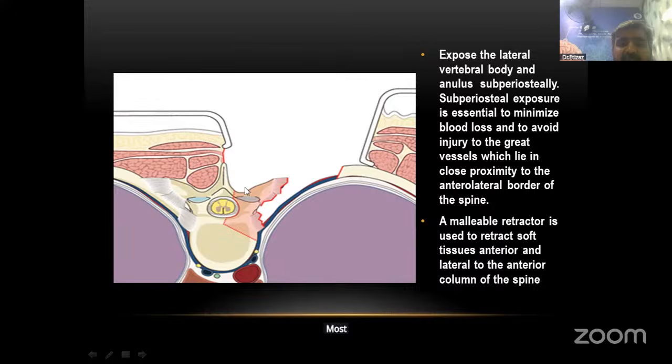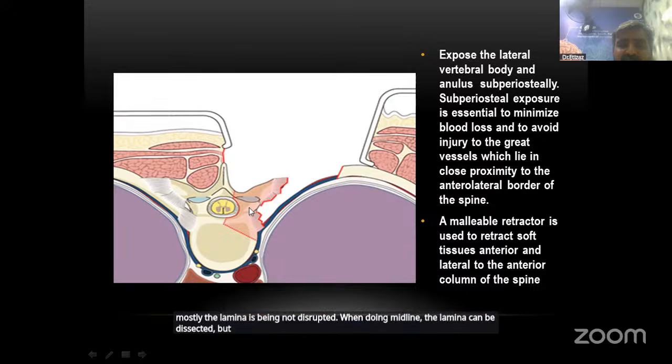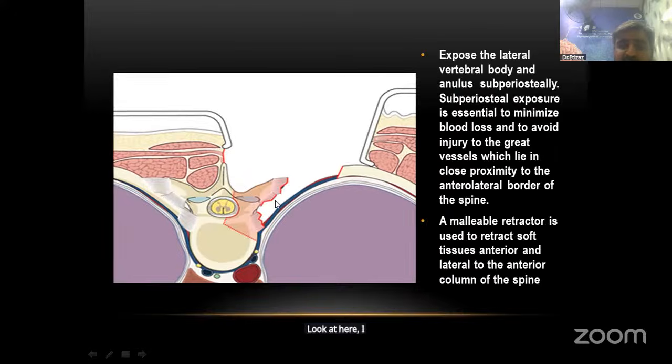Mostly the lamina is not disturbed. When going midline, the lamina can be dissected, but here it is the portion of the transverse process, pedicle, and this portion. Look at here, I have marked this portion in this way.